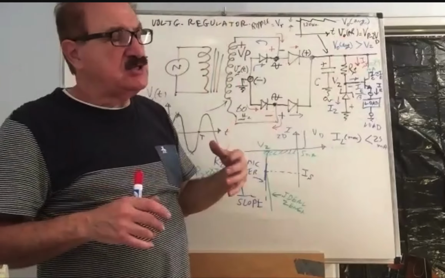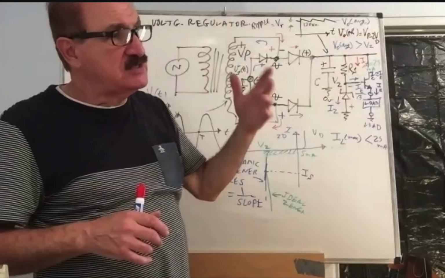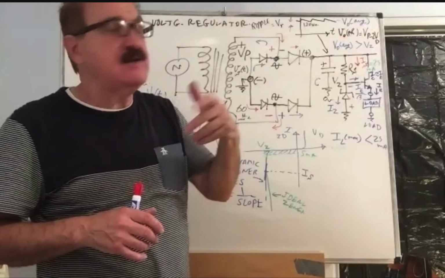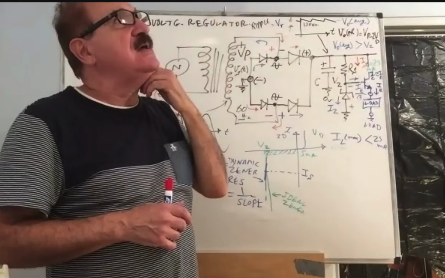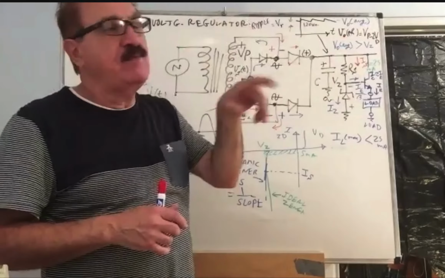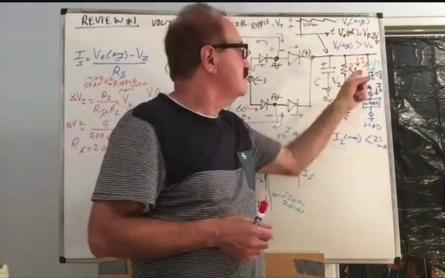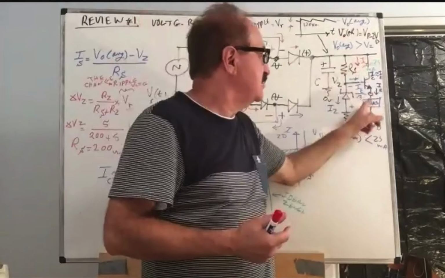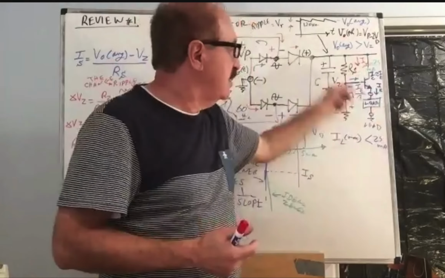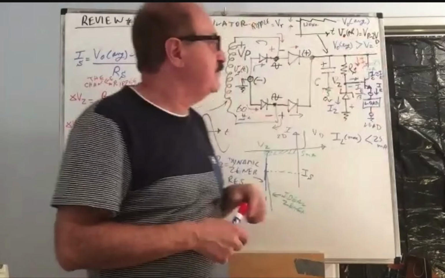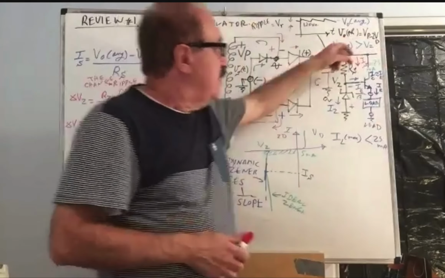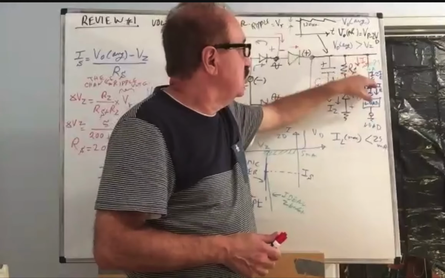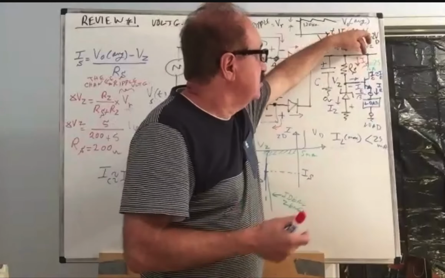IC is beta over 1 plus beta times IE. In other words, ICs are like 1% less than IEs, because IEs are a combination of IB and IC. That's why, if you're loading in here, the current in the transistor will increase the collector current.